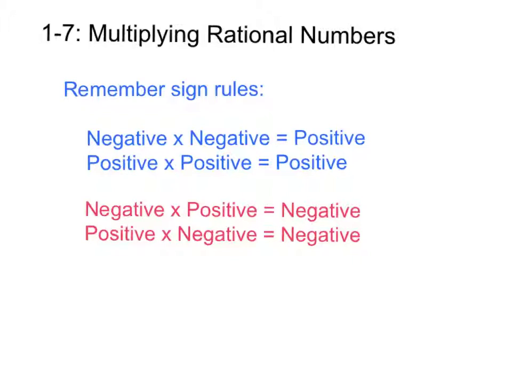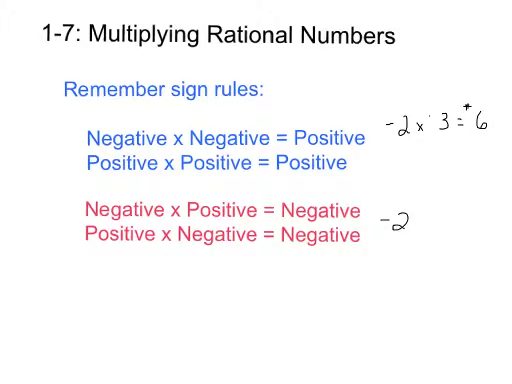If I have one negative sign, so a negative times a positive, or a positive times a negative, my answer will be a negative. So this is going back to things like -2 times -3. I've got a negative times a negative, which my answer is going to be a positive, and then I just multiply like normal. 2 times 3 is going to give me 6.